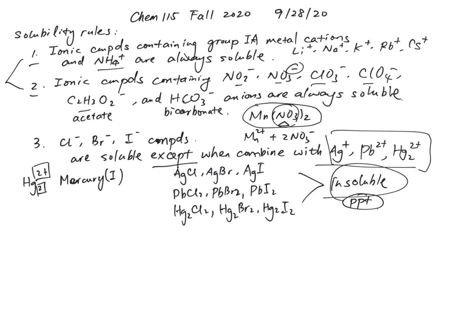This metal ion here, you can actually view as a kind of polyatomic ion. Between the two mercury atoms there is actually a covalent bond, and together these two show a +2 charge to the outside world.